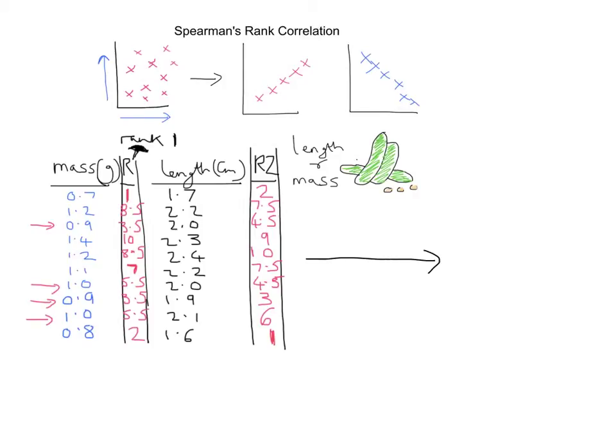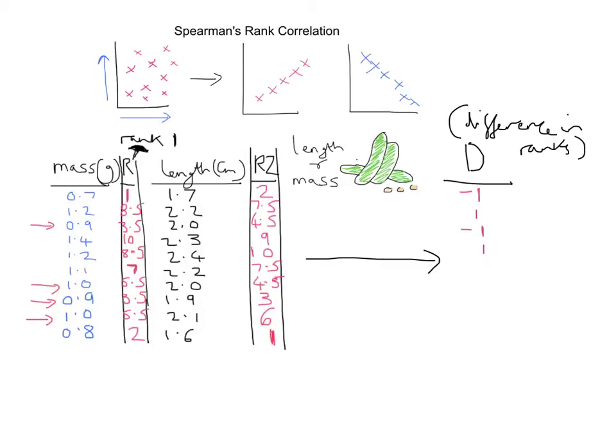Now we're going to look for D, which is the difference in ranks. So this is the difference in the ranks, our D column. It doesn't matter if it's negative here, so you just do rank 1 minus rank 2. So we'll get a -1, a 1 and a -1.